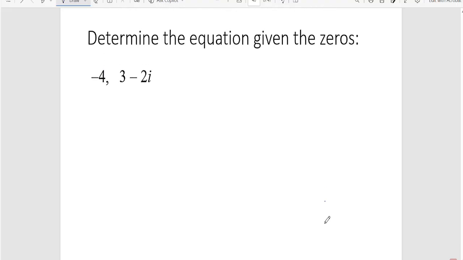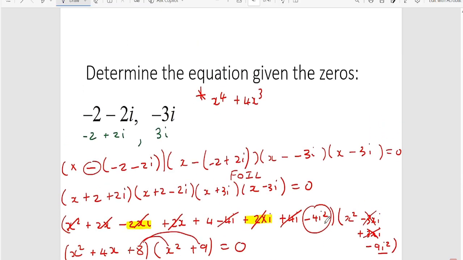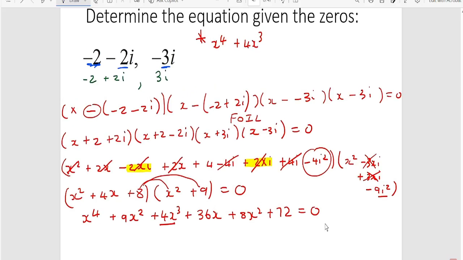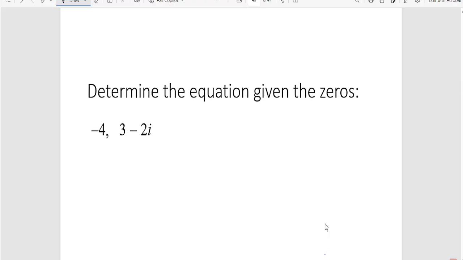Now this says determine the equation if the zeros are given. See, if zeros are given, how do we determine the equation? In this case, we have negative 2, negative 2i, and negative 3i. What we can do is write it as x minus the zero.